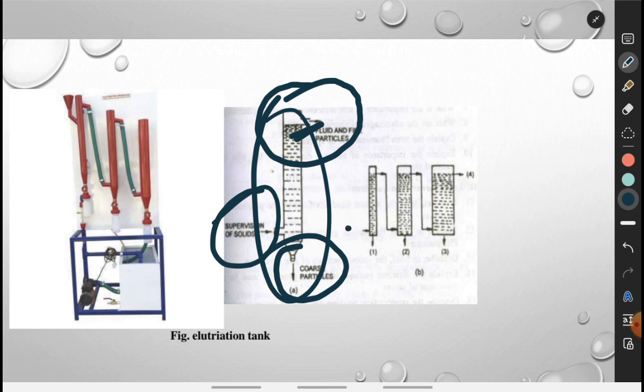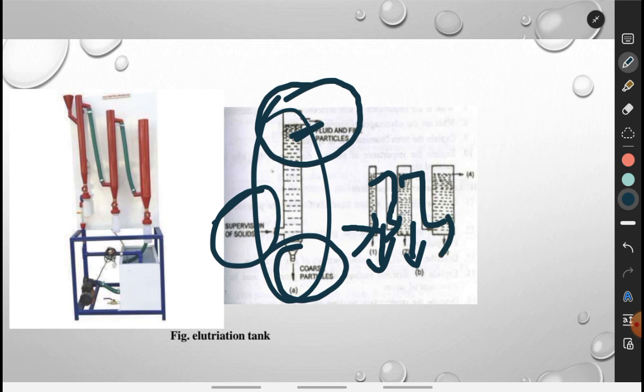Like you can place the suspension, then the coarser particles are heavier and will be collected from the bottom, but the fine will float above the water and are then transferred to another. If coarse particles remain there, they will also get separated, then the fine is transferred to another.